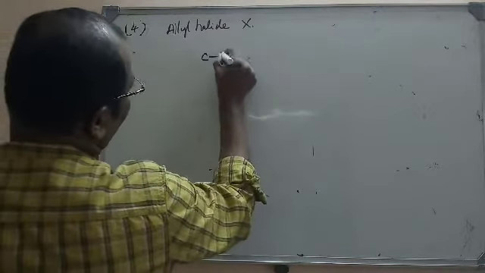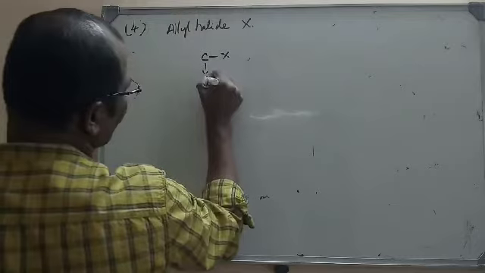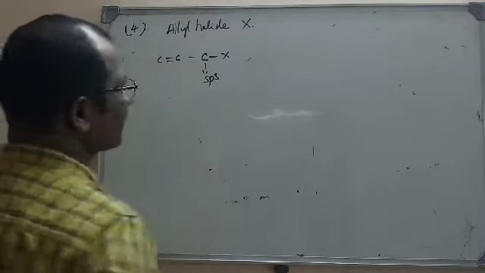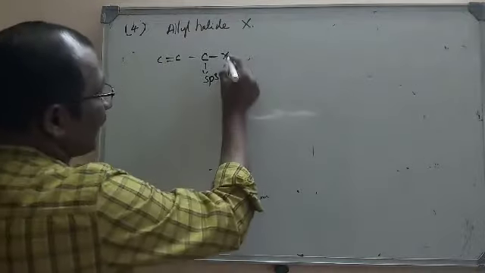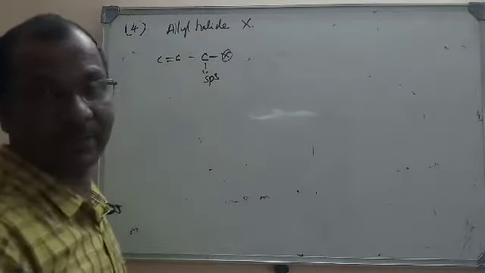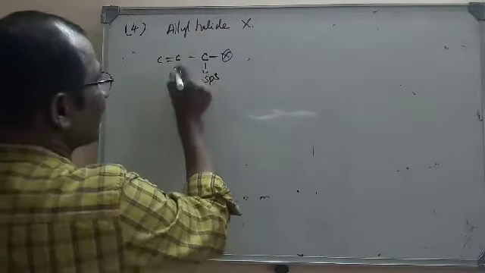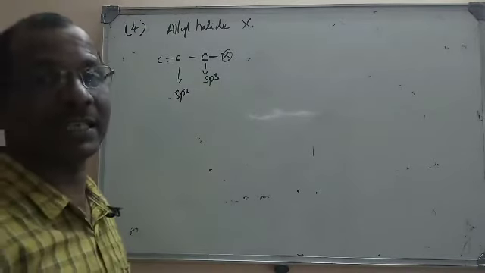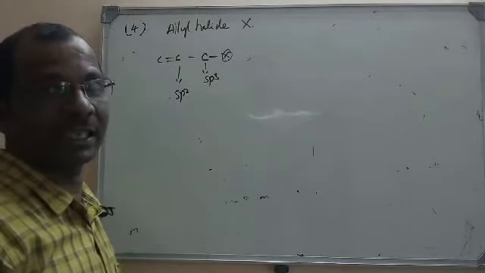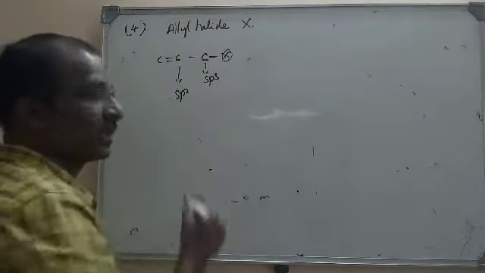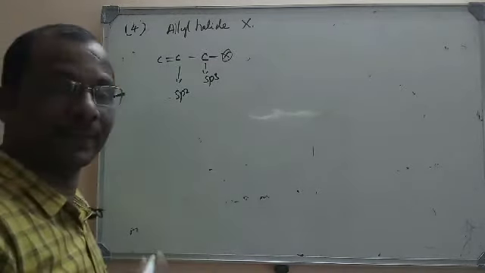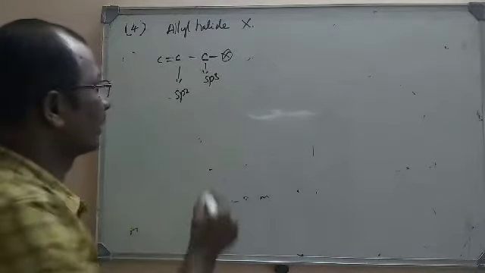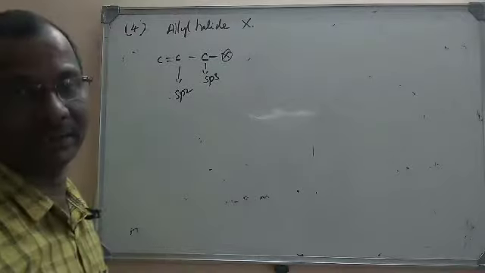For example, if you take this, this is called an allylic halide. If a halogen is attached to an sp3 hybridized carbon and that carbon is bonded to an sp2 carbon, then it is called an allylic structure. So an allylic halide is a halogen attached to a carbon which is sp3 hybridized, and that carbon is in turn attached to an sp2 hybridized carbon.